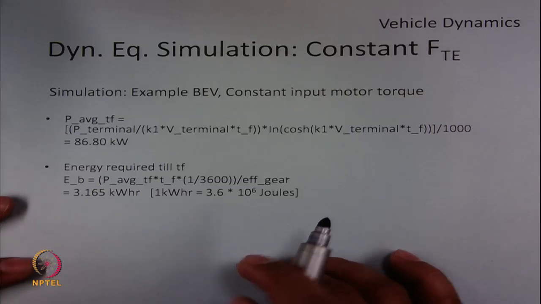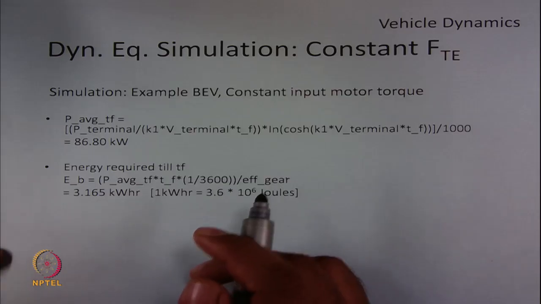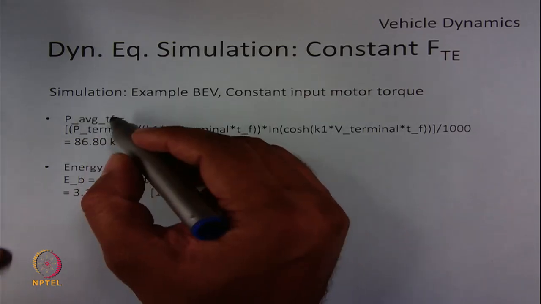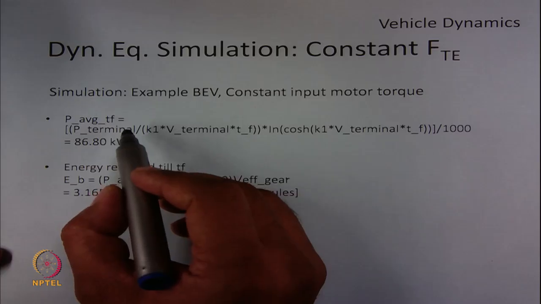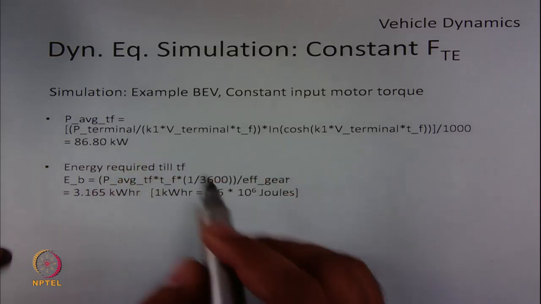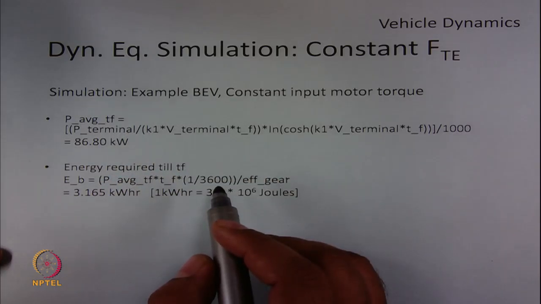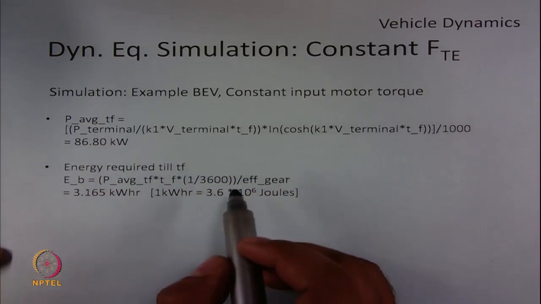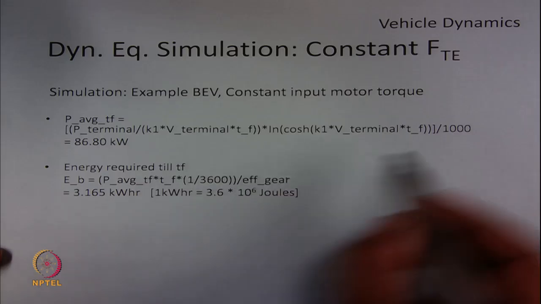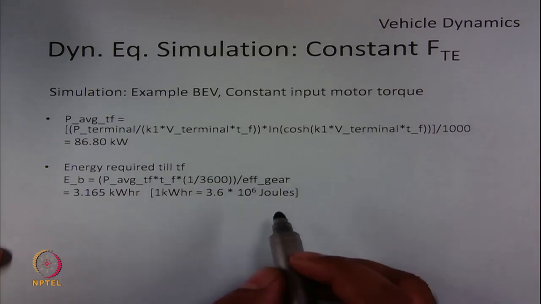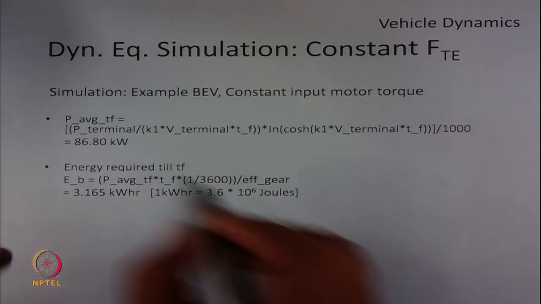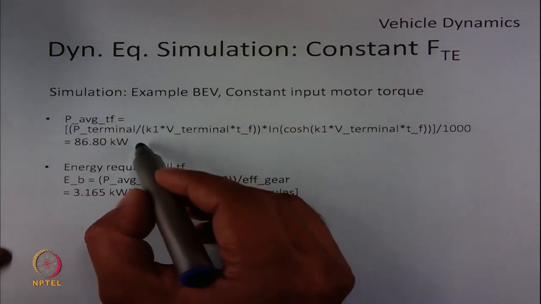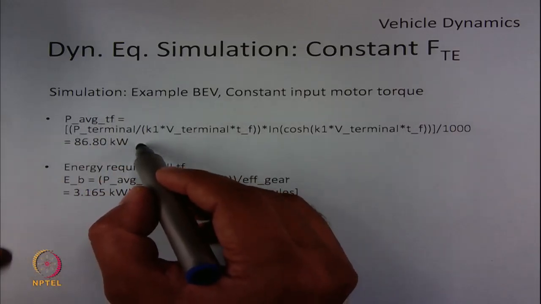So, as we discussed, it will be very handy to calculate the average value of power that is required to bring the vehicle to a velocity which is 0.98 into Vt. So, if we substitute this formula here and give suitable values of Tf and V terminal, K1 etc., this value comes out to be 86.80 kilowatt.